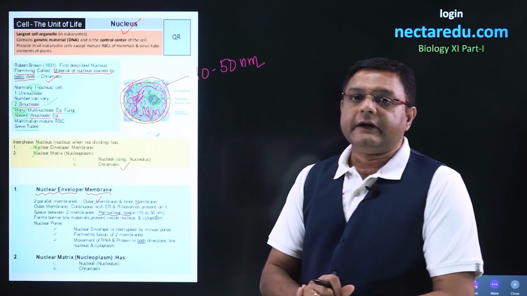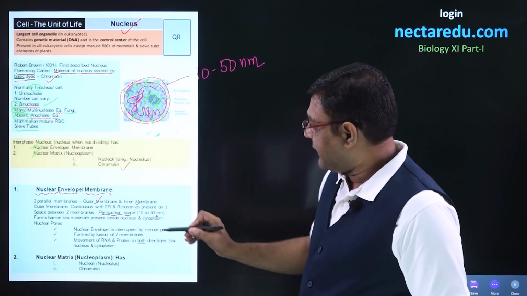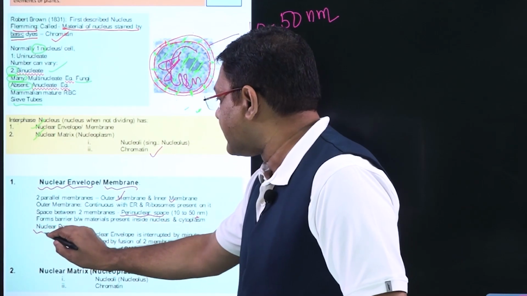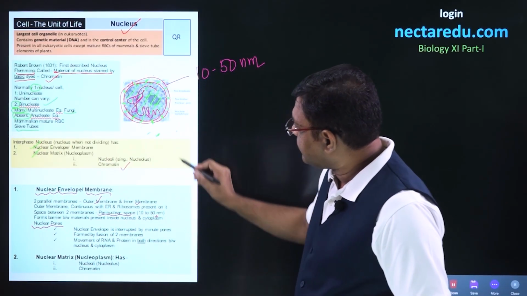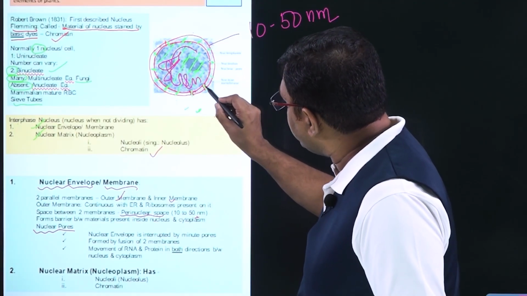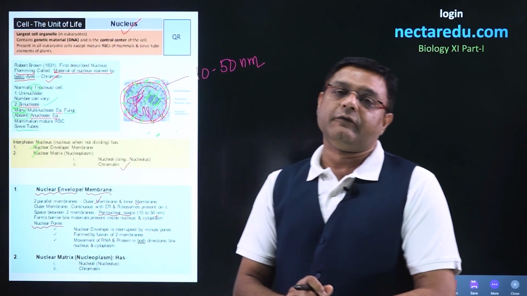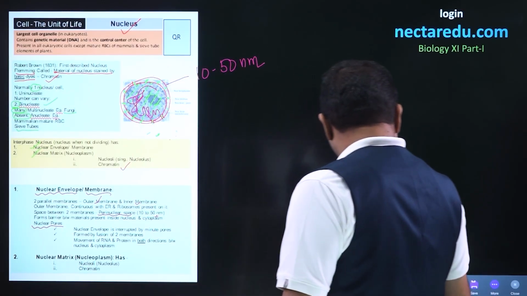Then we will talk about the nuclear pores. So, this outer and inner membrane is interrupted and the interruptions are called nuclear pores. Wherever this nuclear pore is present, the outer and inner membrane will fuse over there and will result in the formation of nuclear pore. Function of nuclear pore is what?